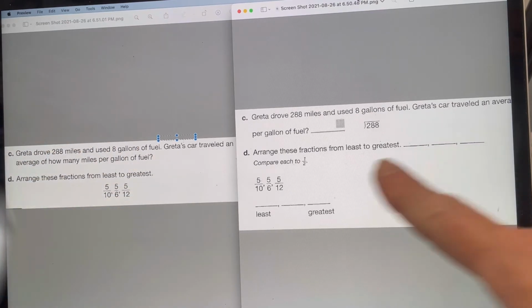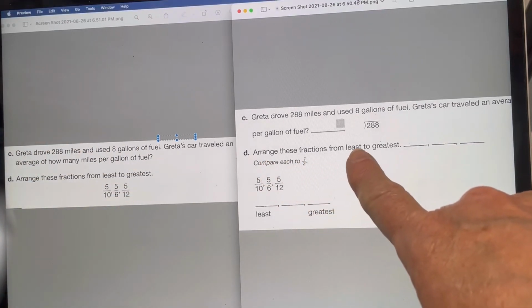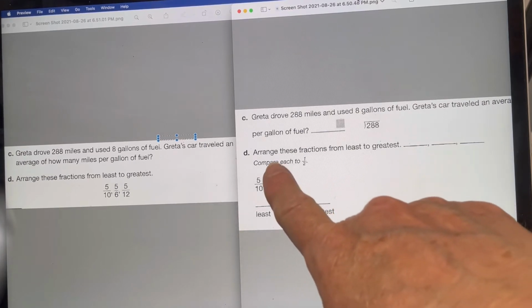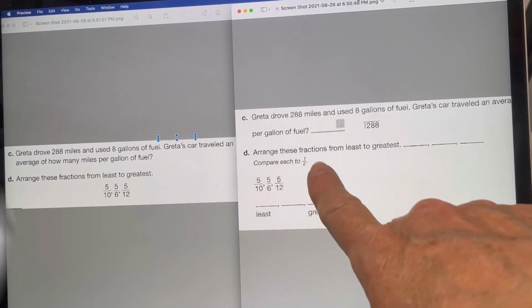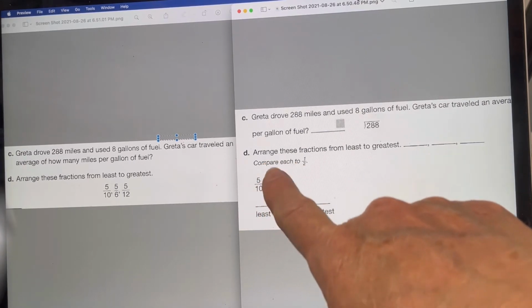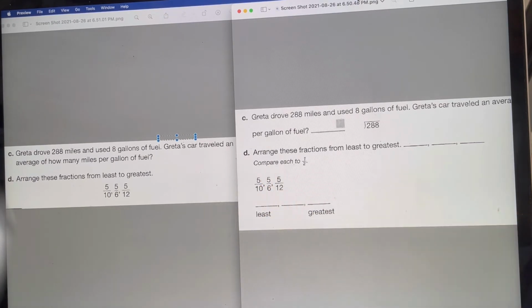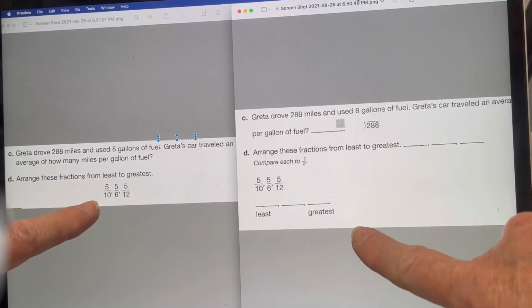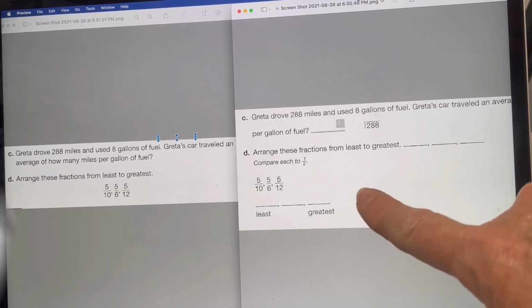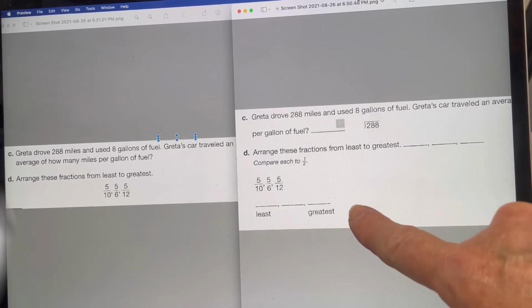Okay? Arrange these fractions from least to greatest. Hint. Compare each one to a half. 5/10, 5/6, 5/12. Arrange these fractions from least to greatest. 5/10, 5/6, 5/12. I just did those for you in this video. Do you see how they're exactly the same? This one, the workbook, is what you have to turn into me.